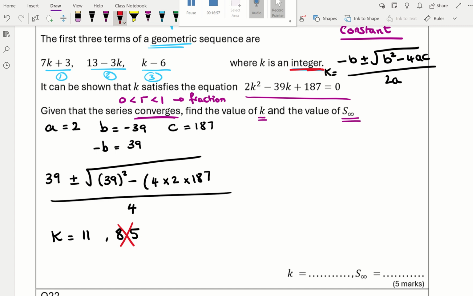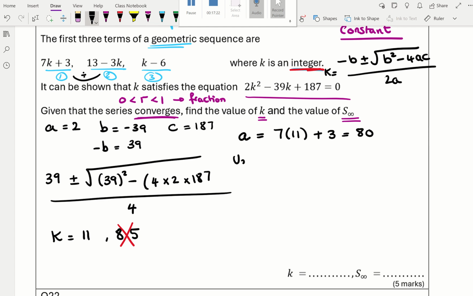Now, you want to find what r is. Well, to find r, you would divide the second term by the first term. So firstly, let's find the first term, a. A is 7 times k, 7 times 11, plus 3, which is 80.